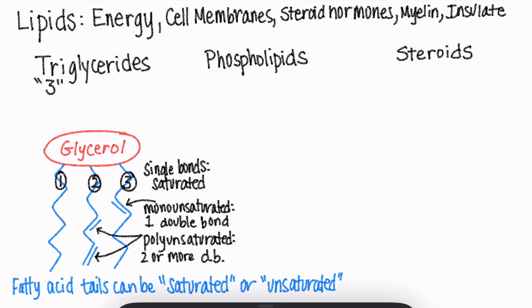The primary job of triglycerides in our body is as energy storage. There is a lot of energy trapped in those carbon bonds. So we can store that energy in our adipose tissue.